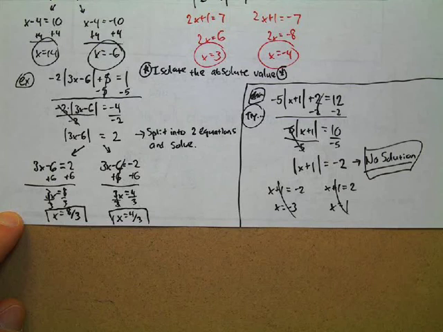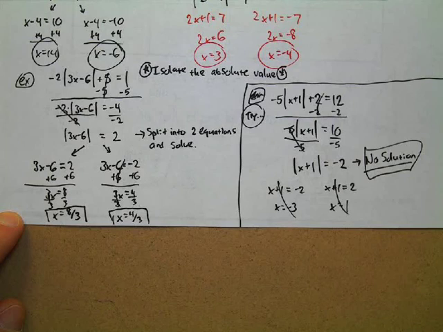Okay, 2.2, starting on page 60. I want you to do number 1, and then 5 to 15, the odds, sorry. So 1 and then 5 to 15, the odds, please.